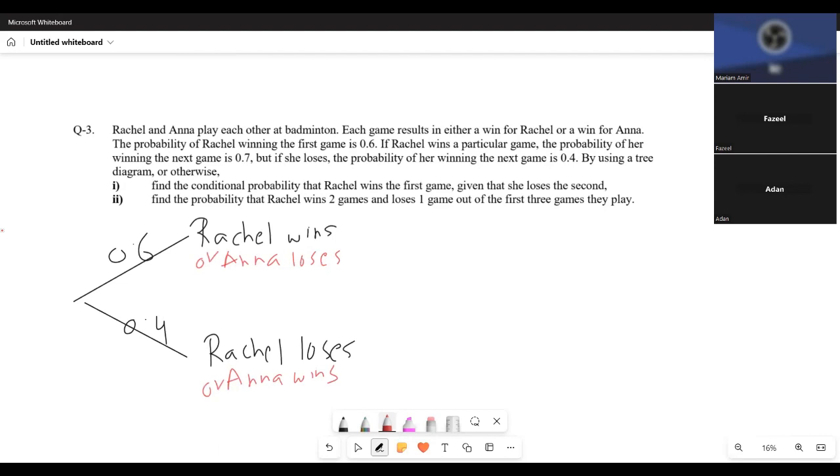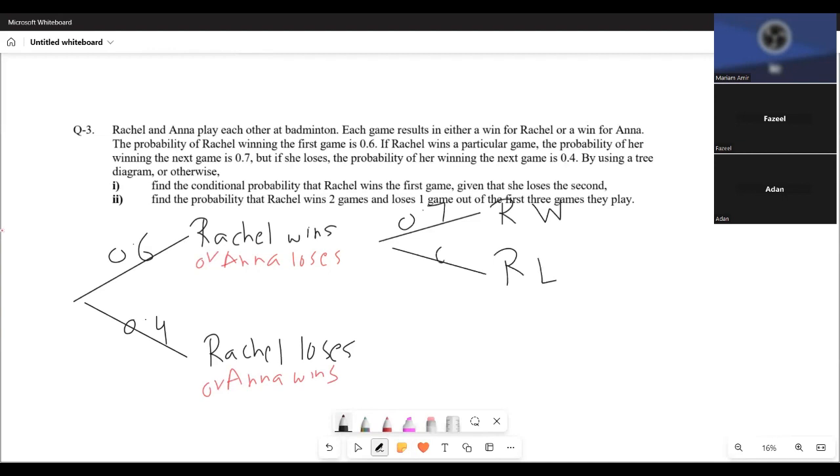Each game results in either a win for Rachel or a win for Anna. Probability that Rachel wins the first game is 0.6. That means probability that Rachel loses the first game is 0.4. If Rachel wins a particular game, मतलब कि इस केस की बात हो रही है, the probability of her winning the next game is 0.7. So I'm writing RW. और इसका मतलब है कि इधर रेचल के लूज होने की प्रोबेबिलिटी है 0.3.